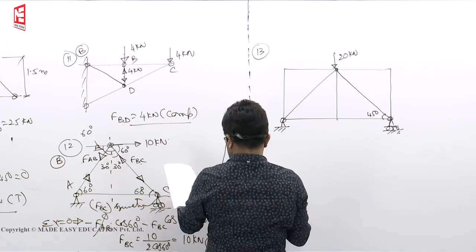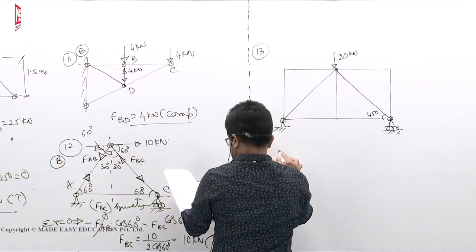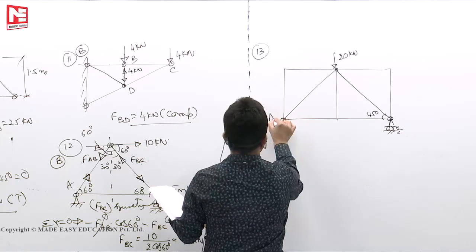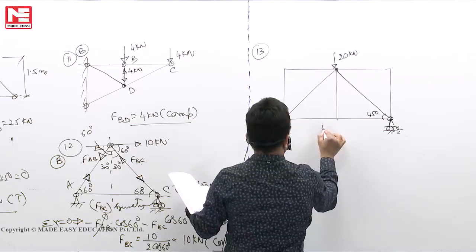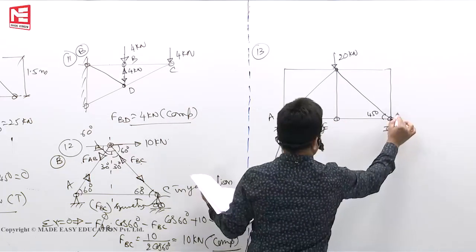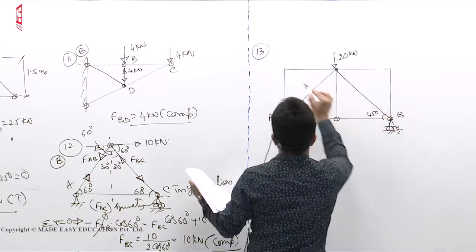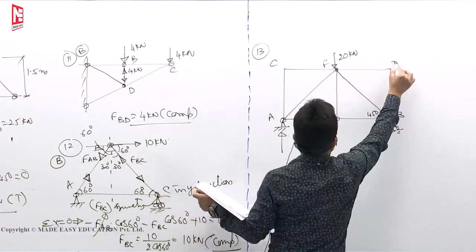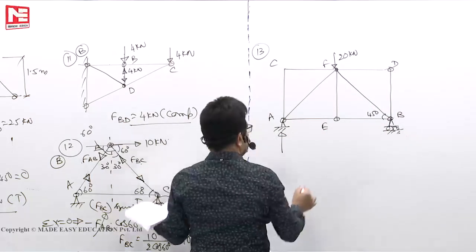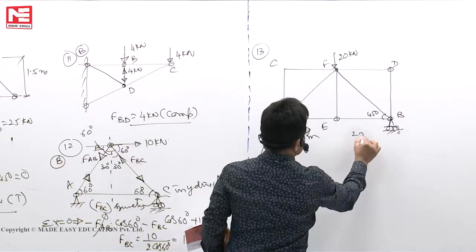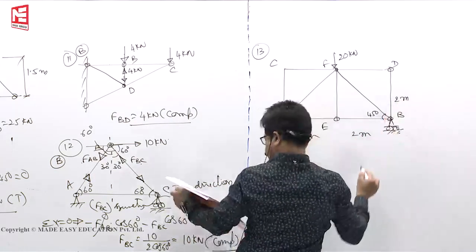Now 20 means they have to share symmetrically. This point say A, E, B, C, F, D. 2 meters, 2 meters and 2 meters.